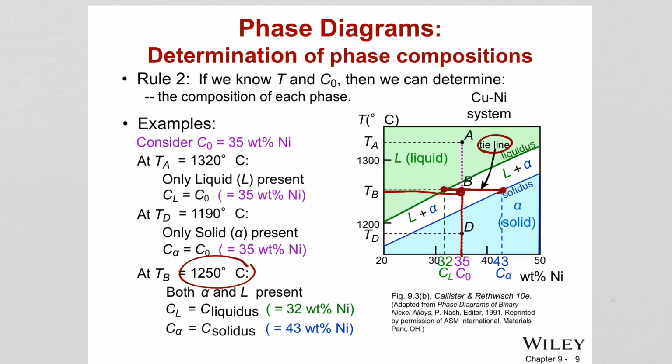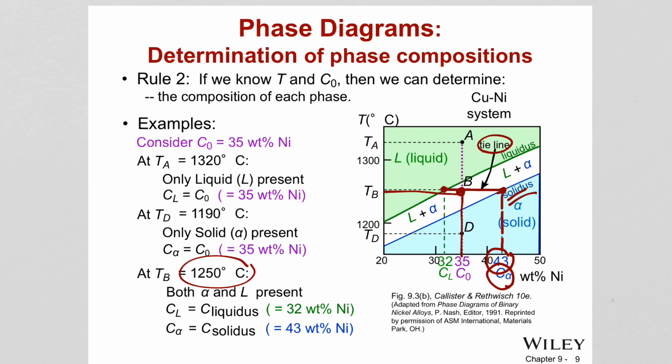So from the intersection of that tie line with the solidus line, if I go down and read the composition, that composition, because it's the intersection with the solidus line, is going to give me the composition of the solid, which is the percent of nickel inside the solid phase.